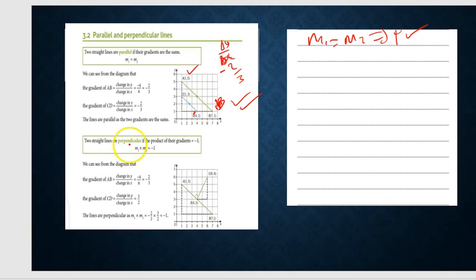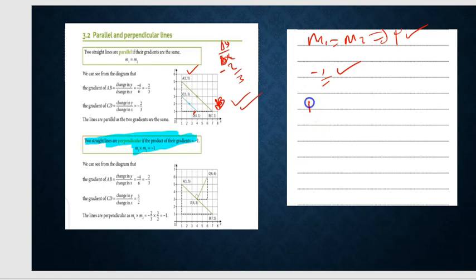Again, two straight lines. Let's use a highlighter here. Two straight lines are perpendicular if the product of the gradients is equal to -1. So if the product is -1, this will be a perpendicular line.